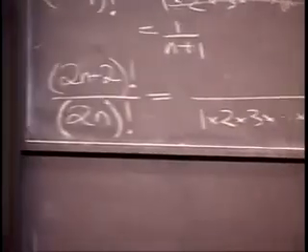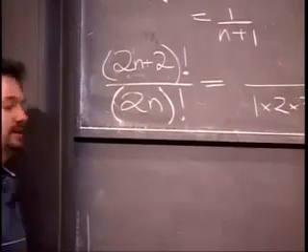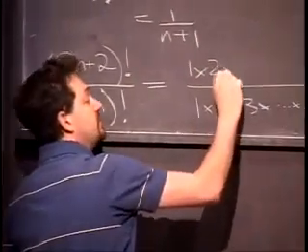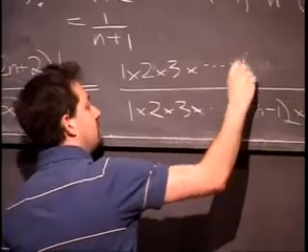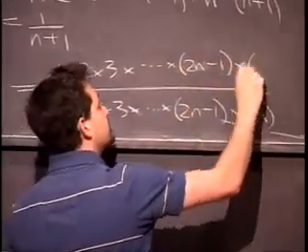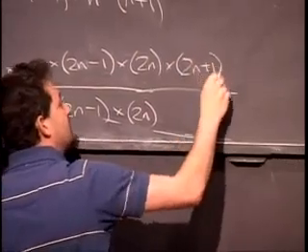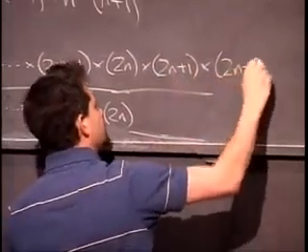So what about the top? Well, the top is the product of all the numbers from 1 up to 2n plus 2. That actually includes all the numbers up to 2n, as well as 2n plus 1 and 2n plus 2.